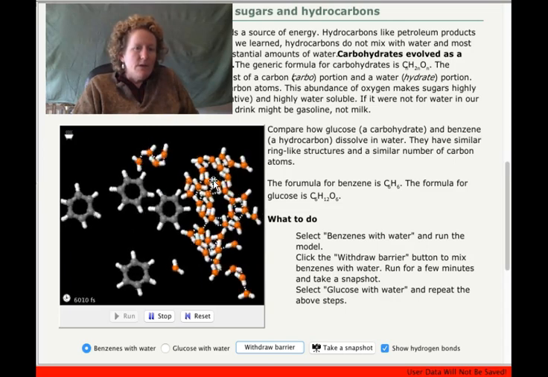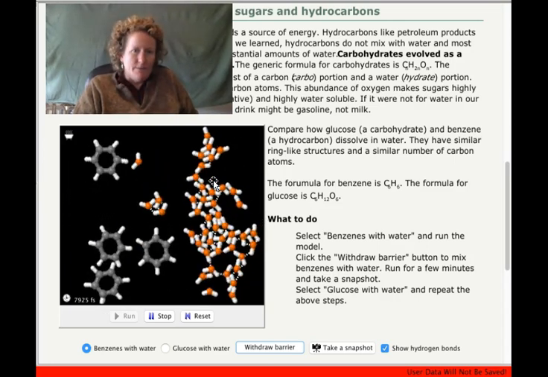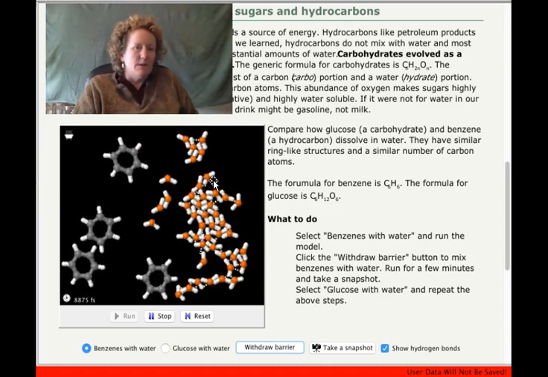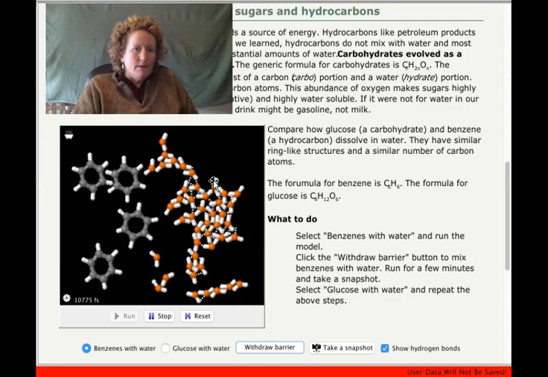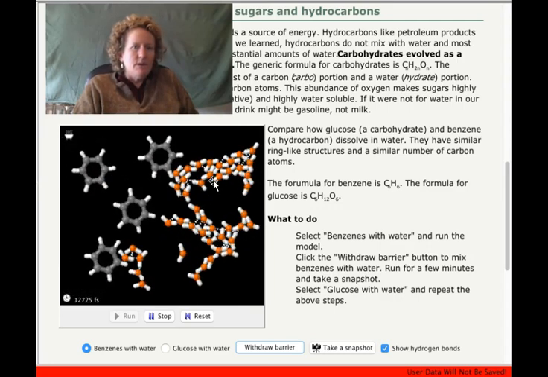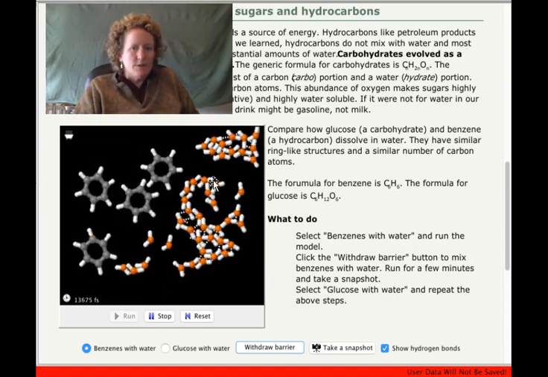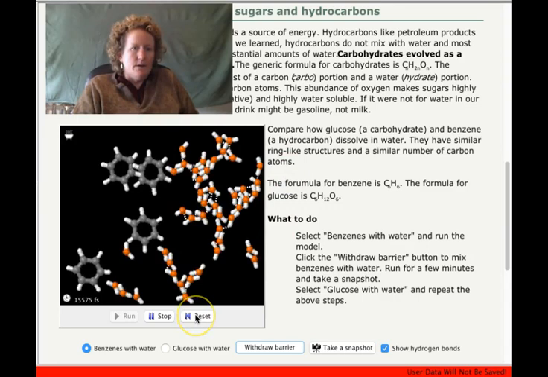And we're going to see how they interact with benzene, which is a hydrocarbon, no oxygen. Just hydrogen and carbon. Benzene isn't really interacting so much. Let's reset here.